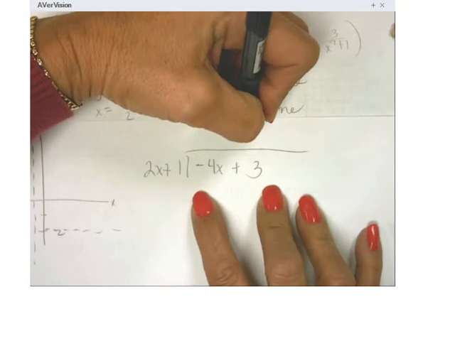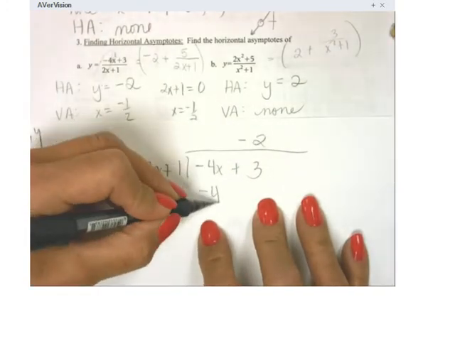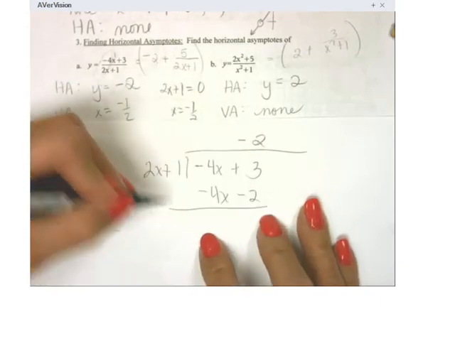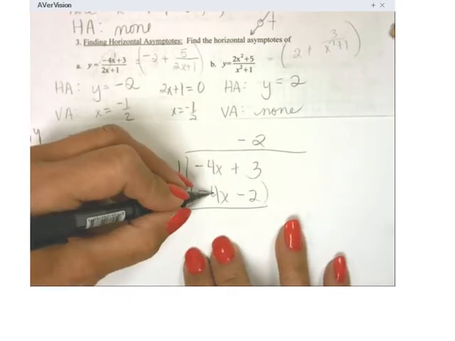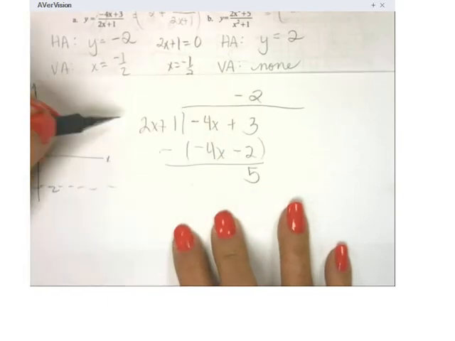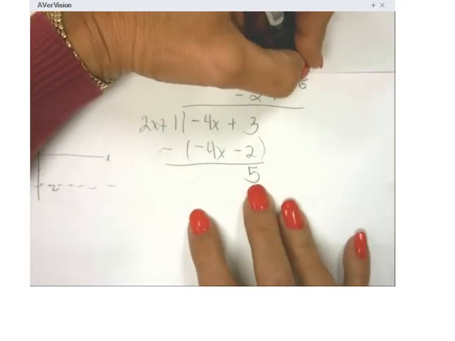If we did 2x plus 1 and divide it into -4x plus 3, we can see that if I put a -2 here, and -2 times this would give me -4x, and -2 times this would give me -2.